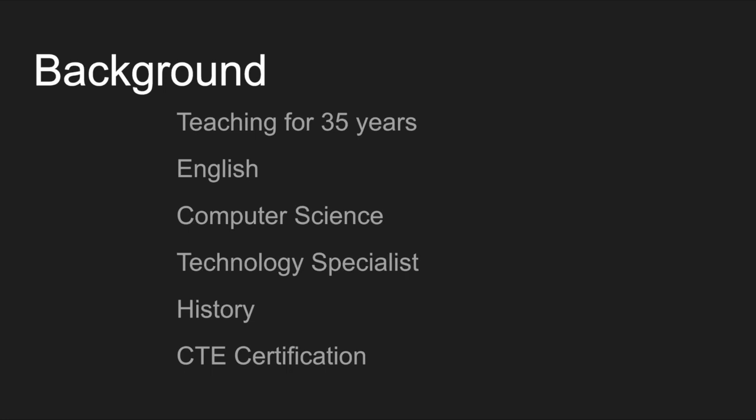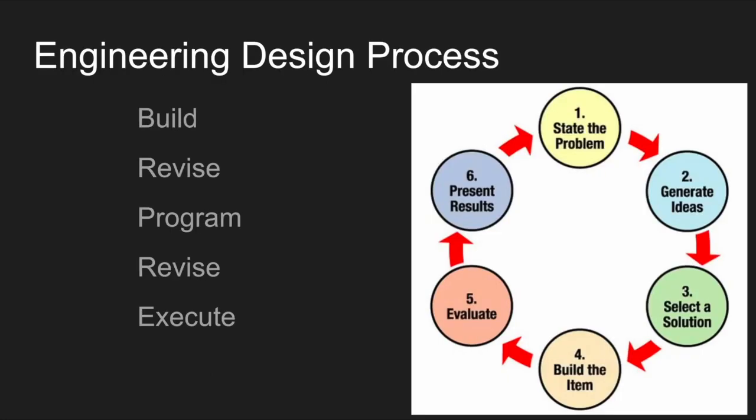The basic thrust of this class is to learn the engineering design process. So how to think about attacking a problem, coming up with an idea, selecting the best idea out of those, building your robot designed to solve the problem, evaluating it and presenting the results, and then going through the whole cycle again.